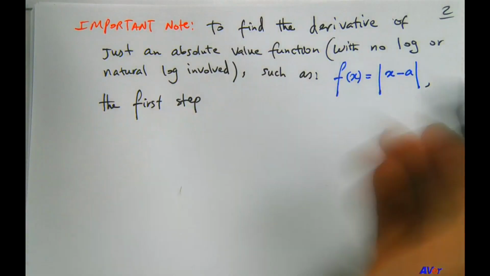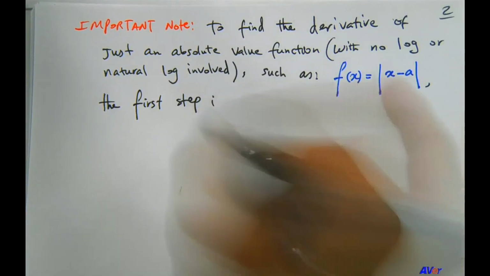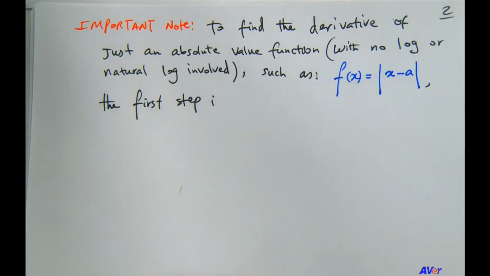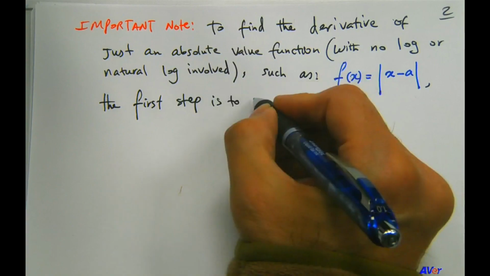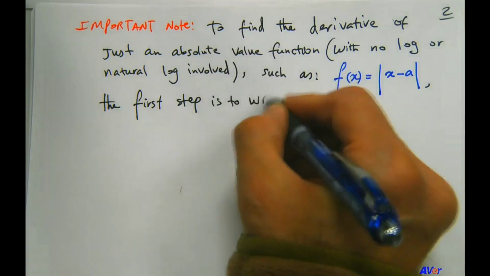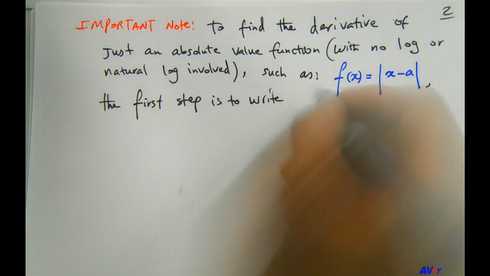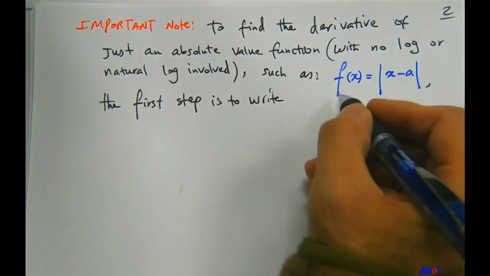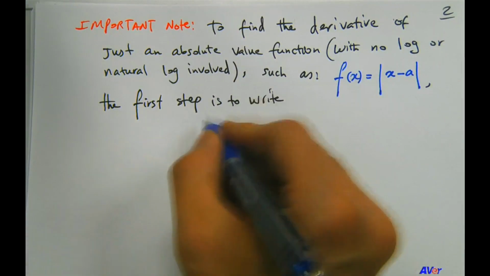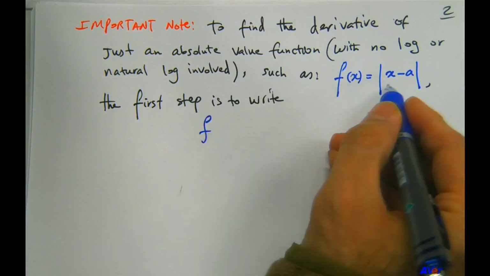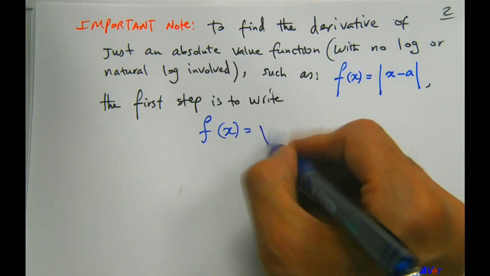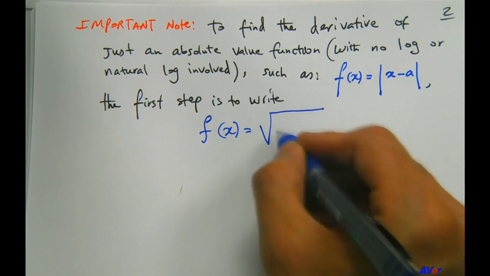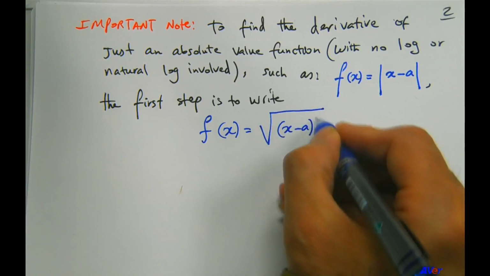So the first step we do is to rewrite this in radical form. The first step is to write this same absolute value function as f of x equals the square root of x minus a, squared.